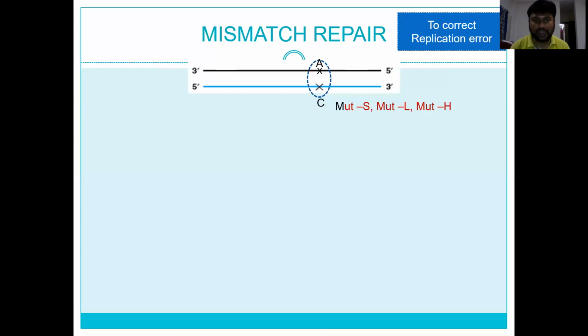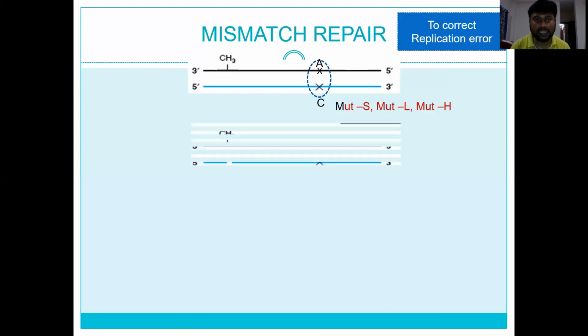Once it finds a methyl group on a strand, it will recognize it as the parent strand, and it will put a small nick on the opposite strand, which is the error containing strand. You can see here, since the methyl group is found here, this will be finalized as the parent strand. So the opposite strand is the new strand which contains the erroneous base.